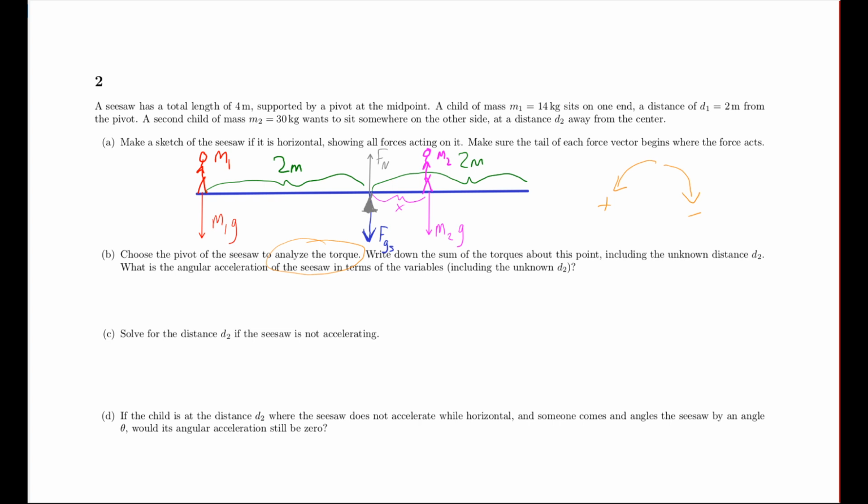So I noticed that the radius vector is always perpendicular to the force vectors here. So this is a little right angle. So red child is going to apply a counterclockwise torque because his weight is trying to make the thing turn counterclockwise, and that's positive. I'm going to call this length L, just because I don't like numbers.